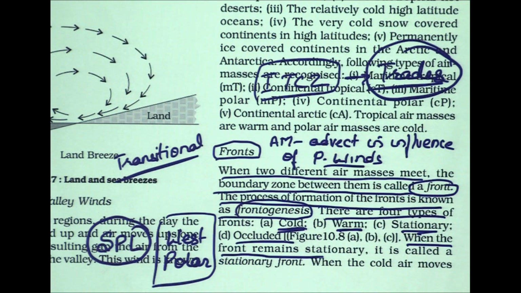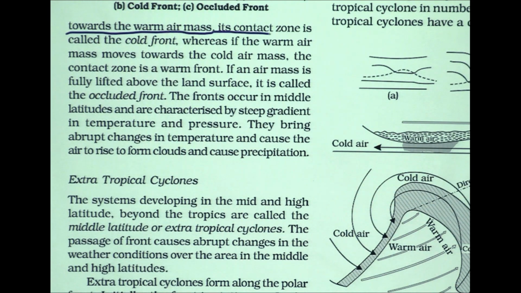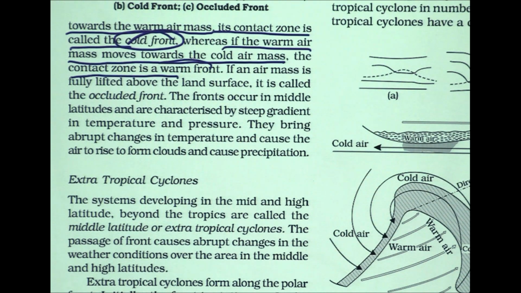When the front remains stationary, it is called stationary front. When the cold air moves towards the warm air mass, the contact zone is called cold front. Whereas if warm air mass moves towards cold air mass, the contact zone will be called warm front. If an air mass is fully lifted above the surface, it develops occluded front. We'll just learn these types one by one.